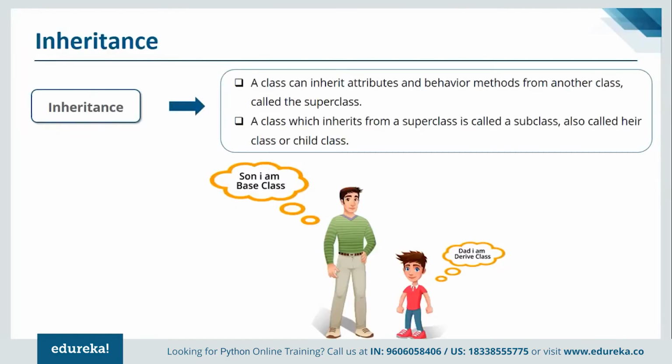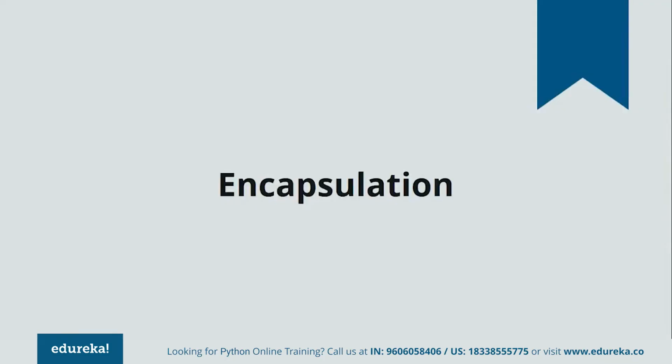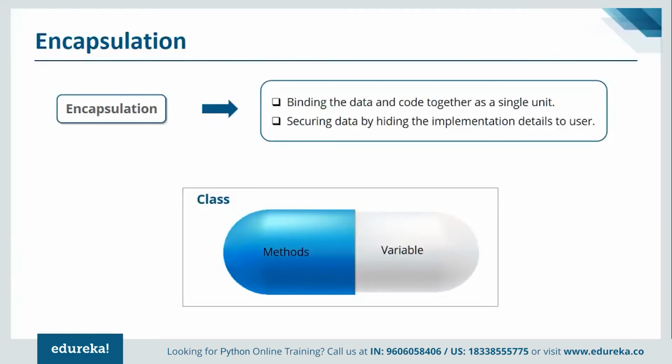Okay, now coming back to the next concept associated with Python, you have encapsulation. Encapsulation is the method through which you bind your data and your code together. It also helps you in hiding your data from people whom you don't want to give visibility to.